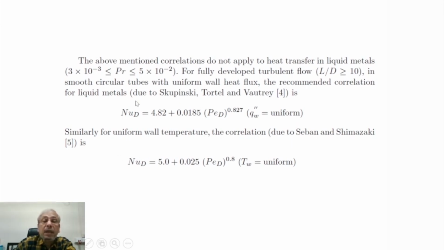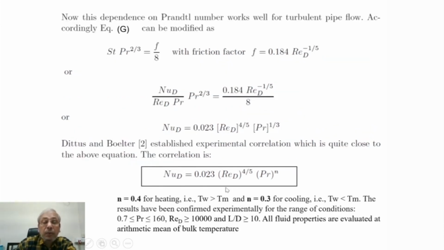So for liquid metal, we use these two correlations. One is for uniform wall heat flux, another is for uniform wall temperature. Otherwise, for turbulent ducted flow, we can use this correlation for fully developed turbulent ducted flow very comfortably.